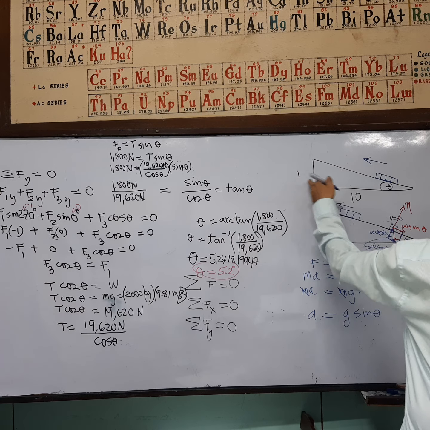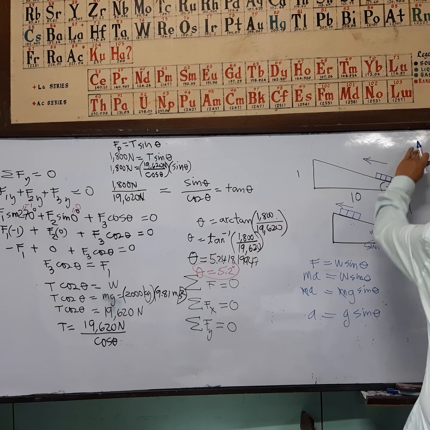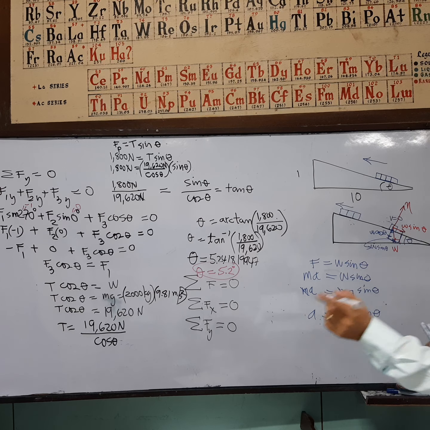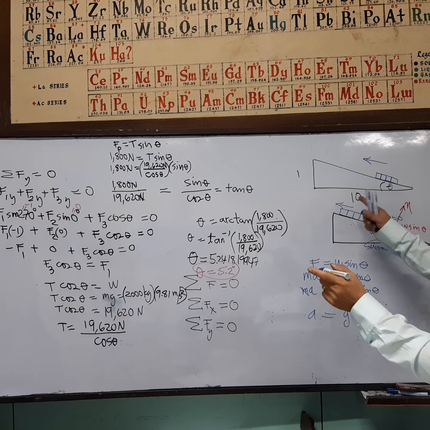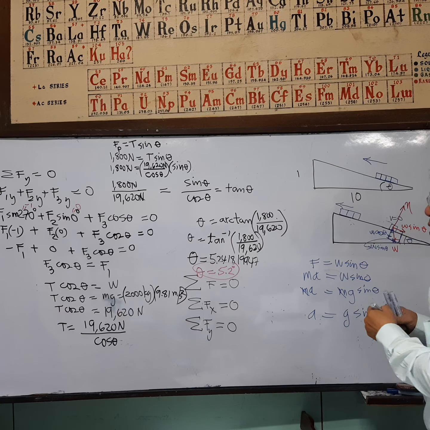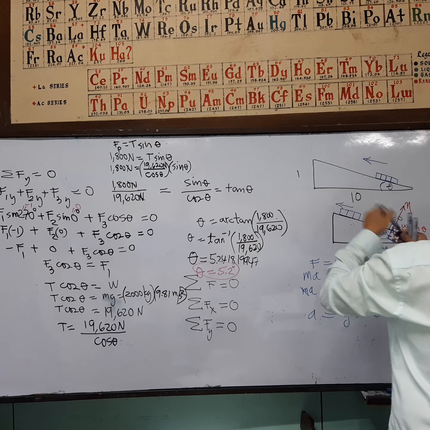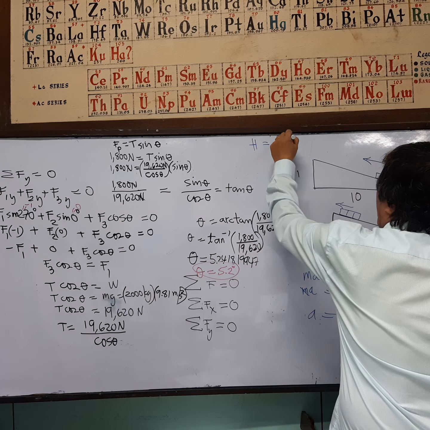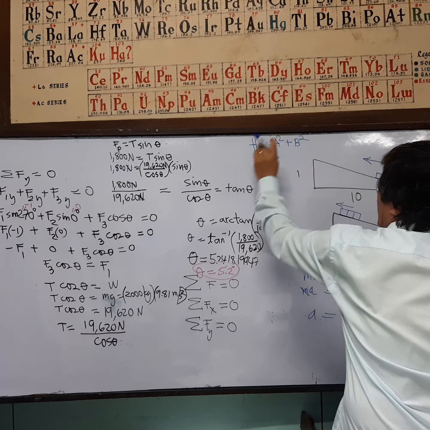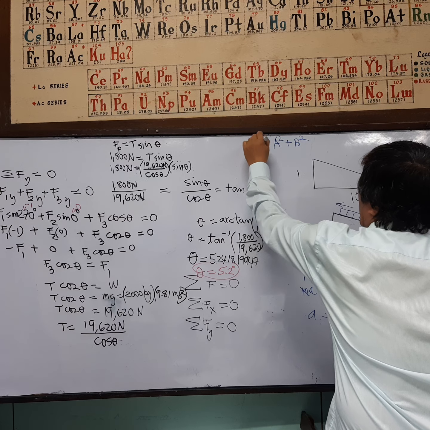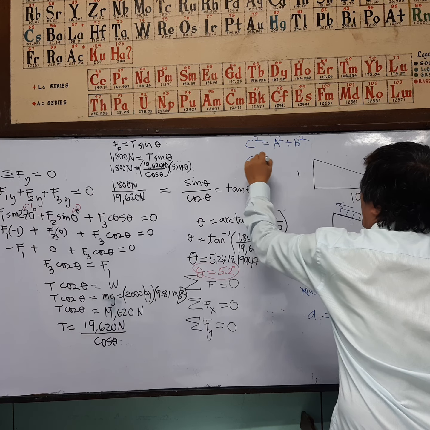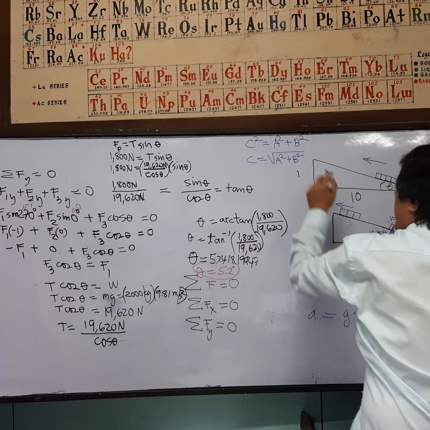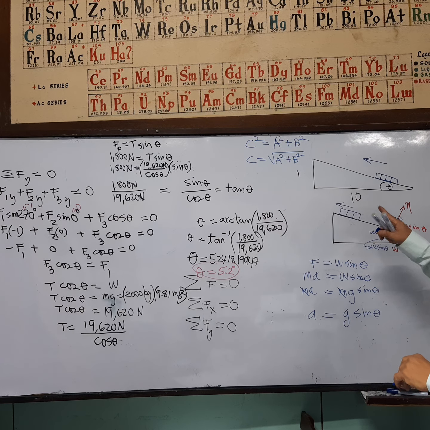But we can get theta using tangent, without worrying about the hypotenuse, because we get the hypotenuse using the Pythagorean theorem. The hypotenuse: a squared plus b squared equals c squared. And c therefore equals the square root of a squared plus b squared. That is how you get the hypotenuse.